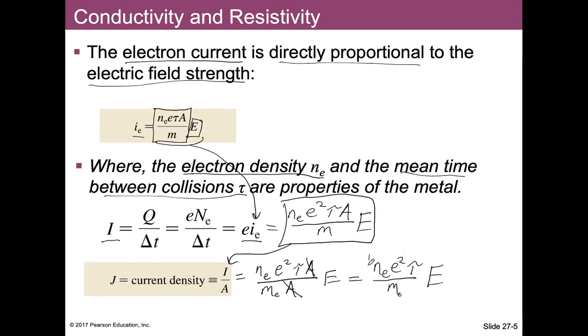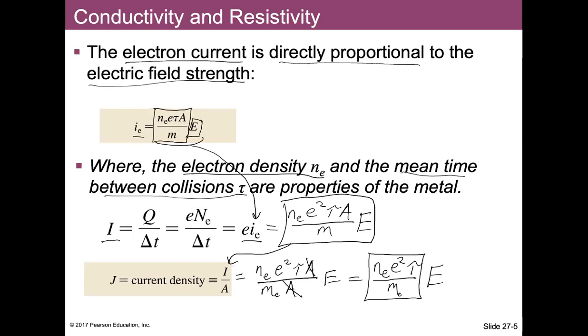And this part right here is a constant. This constant is due just to the properties of the metal. It's got the electron density, and it's got the time between collisions tau, and then of course it just has the charge of the electron squared over the mass of the electron.